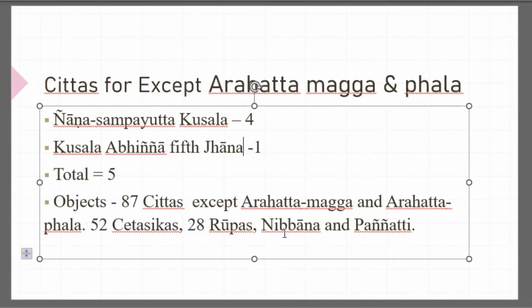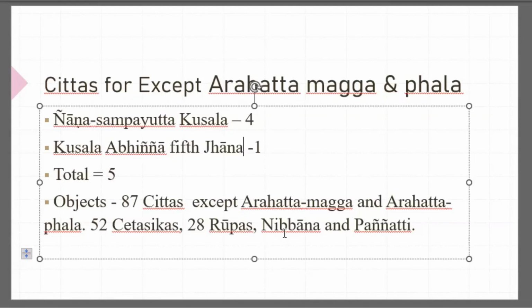Let's think about it: we as ordinary persons have Jnana Sampayutta Kusala Cittas, but can we take the object of Nibbana? We cannot. Nibbana can really be taken by the noble ones because they have realized, they have seen the object of Nibbana.